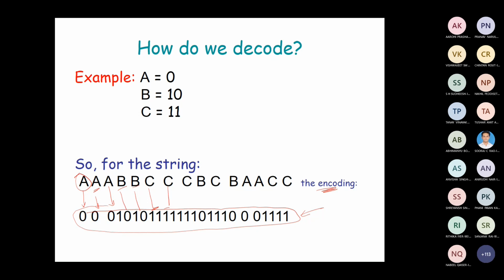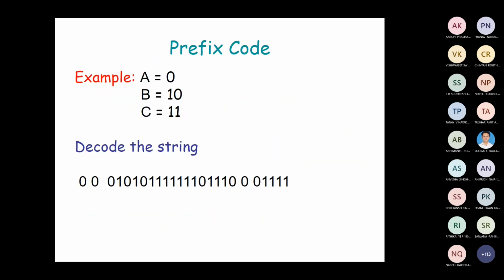Then how do you decode this finally? In order to decode, I have to read the first code bit in the received stream. The first bit is 0. Then I look for the 0 in my table.